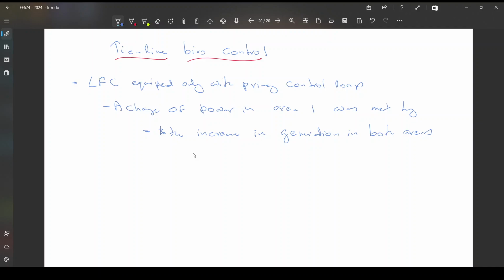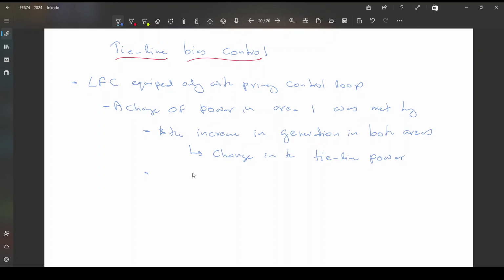And so this will basically create a change in the tie line power flow, and there will be a reduction in frequency as well, because there will be an angle difference.